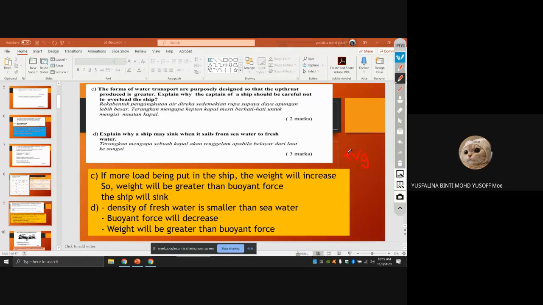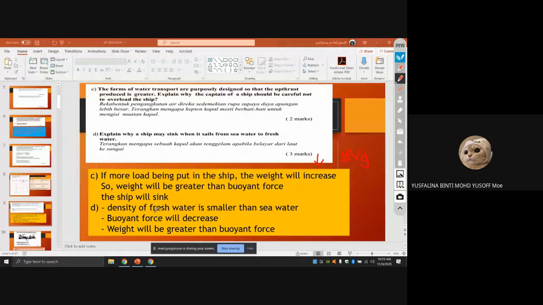So when the density of the liquid decreases, the buoyant force, the upthrust force, also decreases. This will make the weight bigger than the upthrust force or buoyant force, so it will sink.